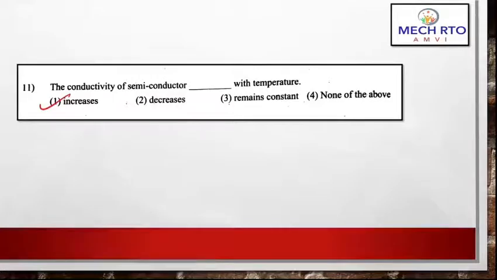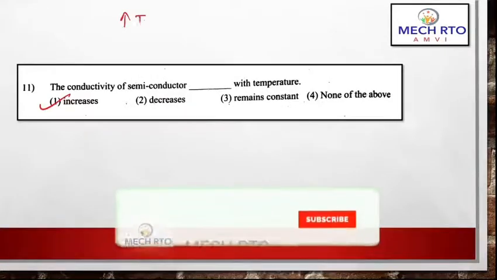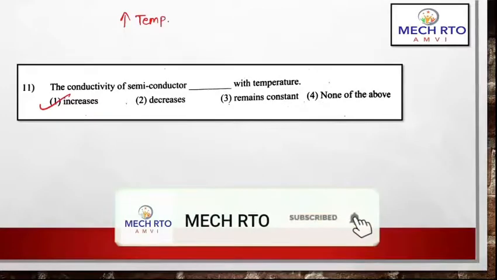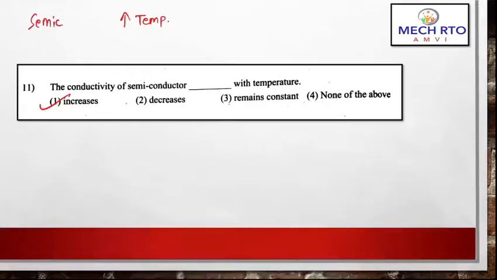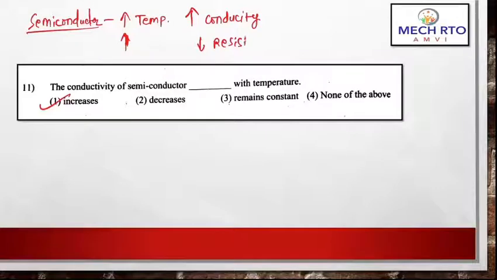As you can see here, with increase in temperature for a semiconductor, conductivity increases and resistivity decreases. So with increase in temperature, conductivity increases.